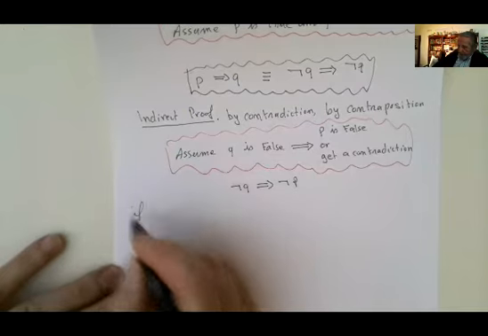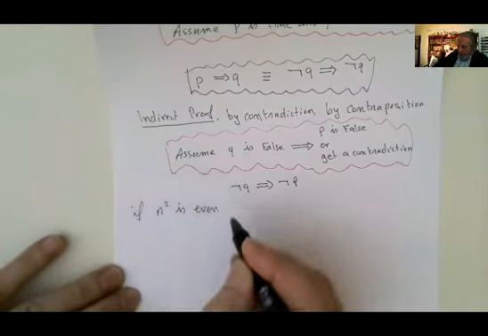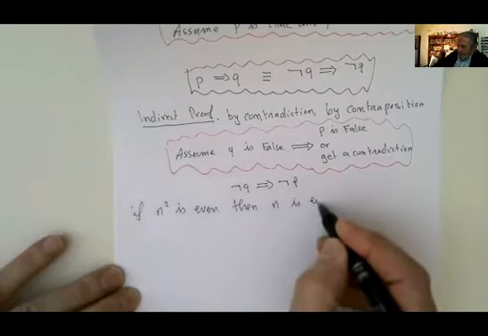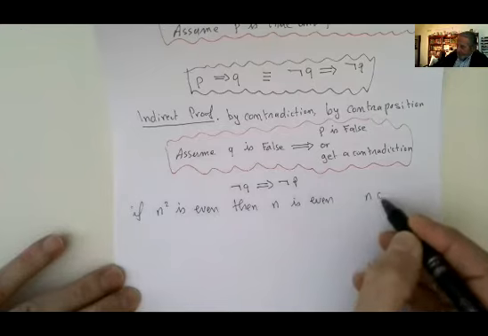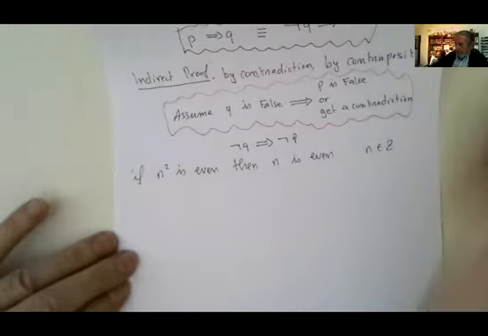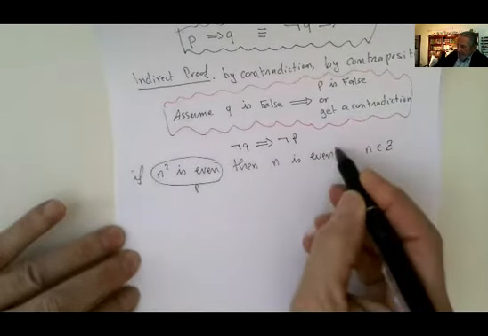If n squared is even, then n is even. Okay, so this is P, and this is Q.